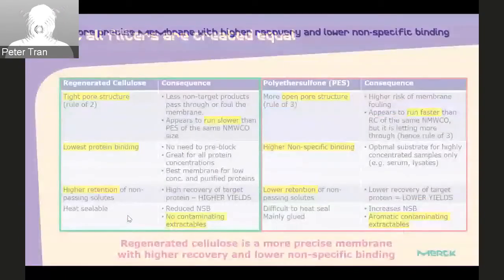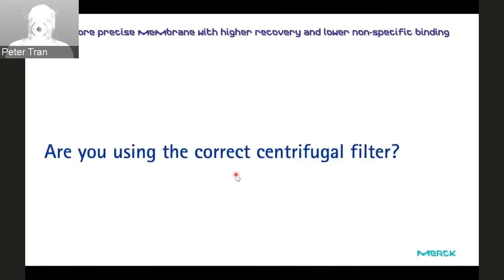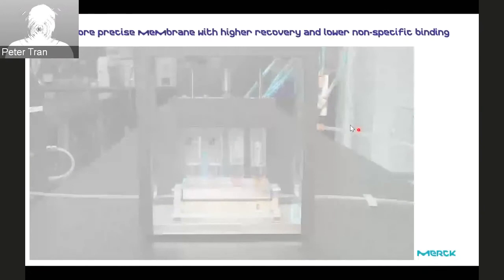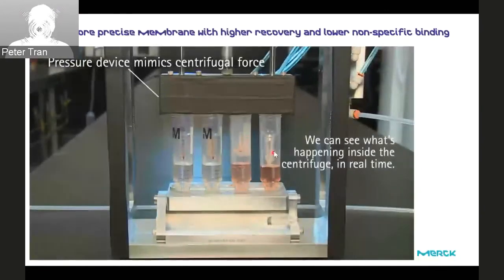So I will show you a quick video of an experiment comparing these two membranes. We use a 10 kilodalton cutoff for both membranes, RC and PES. We run a sample through the filter. We apply the pressure.